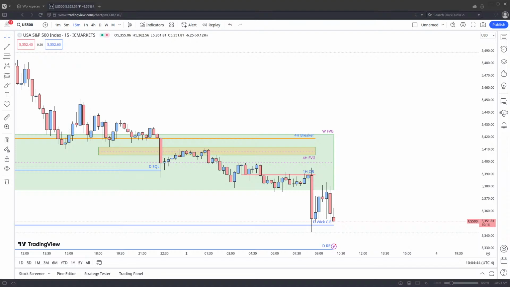Nice equal lows, trade it into this move up. We had this order block here, trade it into that. Now lower, sitting around this consequent encroachment, trade it into that tank.